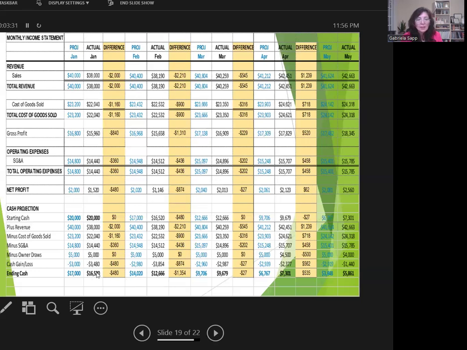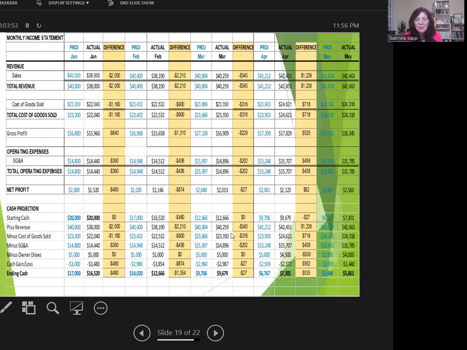See that the ending cash of every column is going to go to the first row in the next column. In the case of projected, $17,000 ending cash will go to the initial projected cash in projected February, and the same with actual numbers.